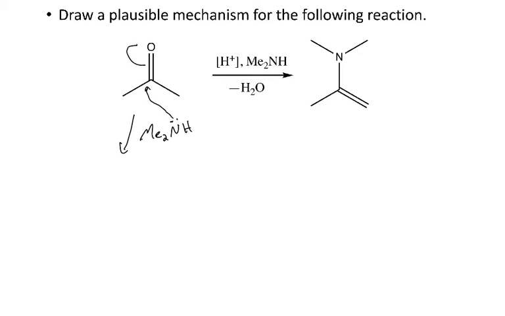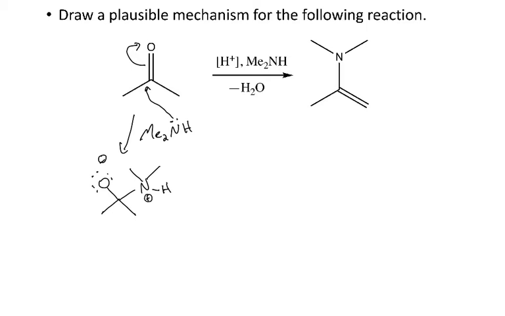Pi bond becomes a lone pair on the oxygen. I'm going to go ahead and draw the 2 methyl groups. Of course, that nitrogen has a positive charge.